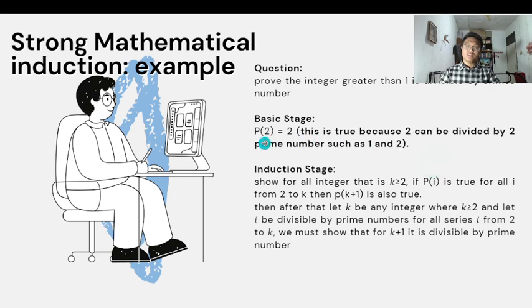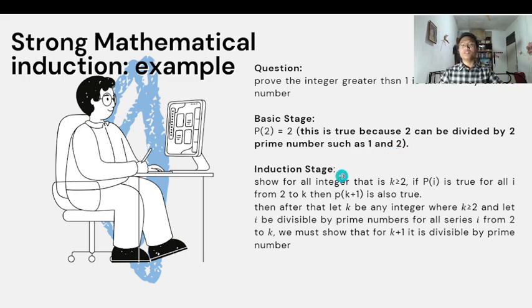Here we take 2, P(2). Here 2 satisfies the condition. It is divisible by prime numbers such as 1 and 2. This is true because 2 can be divided by primes such as 1 and 2.